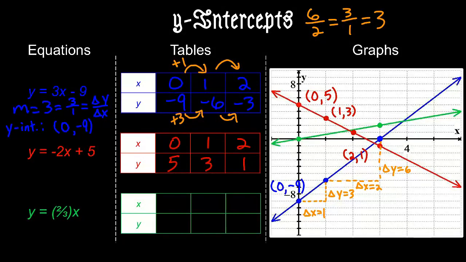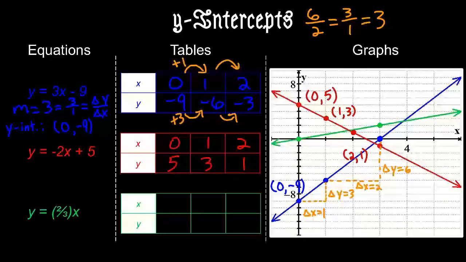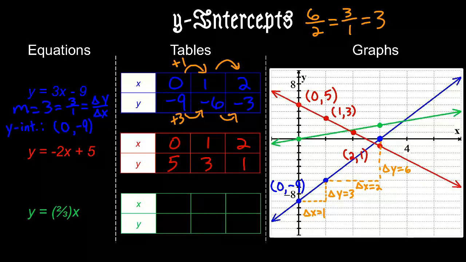And so if I look at the slope on the graph, I'm going to use the 2 points that were given, so that my delta y here is -6, because I'm going down 6, and my delta x is +3.